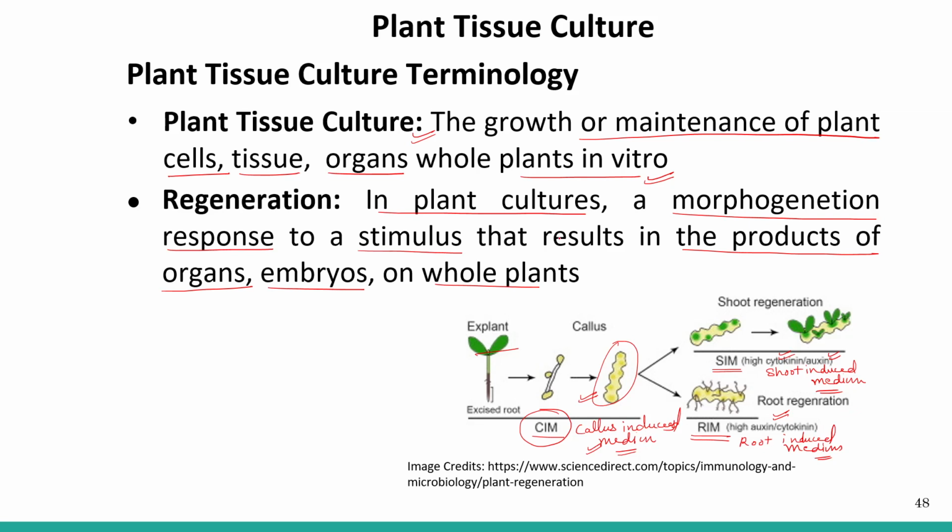So in plant culture, morphogenesis responds to a stimulus that results in the production of organs, embryos, or whole plants. What we want to induce determines the medium we use. So we can do shoot regeneration or root regeneration according to the medium we provide.